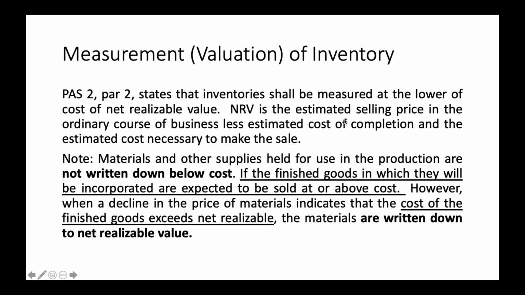In short, if everything is normal, NRV and cost should be equal because NRV is selling price minus all the cost related to completion and related to making the sale.